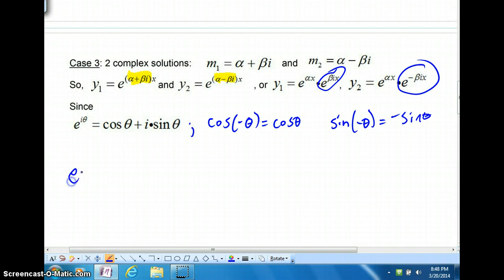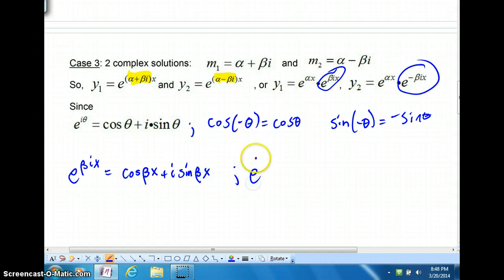Following this formula, e to the beta ix would equal, according to what we're seeing here, cosine of beta x plus i sine of beta x.